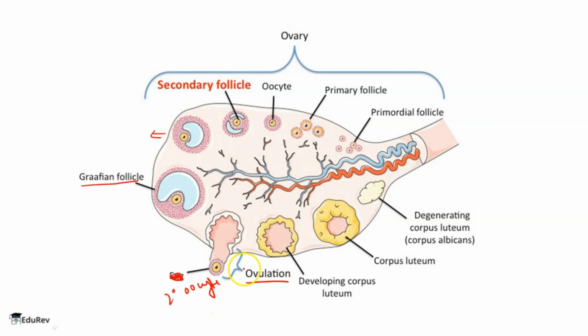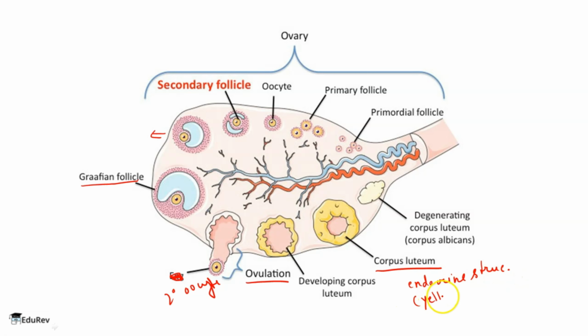Now this ruptured Graafian follicle will form the corpus luteum. You can see here. And again, this corpus luteum is an endocrine structure, right? This is also called the yellow body.